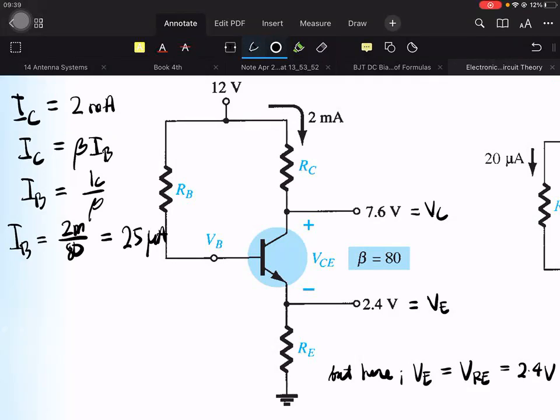Then IE is beta plus 1 times IB, so 81 times 25 microamperes, which is 2.025 milliamperes.